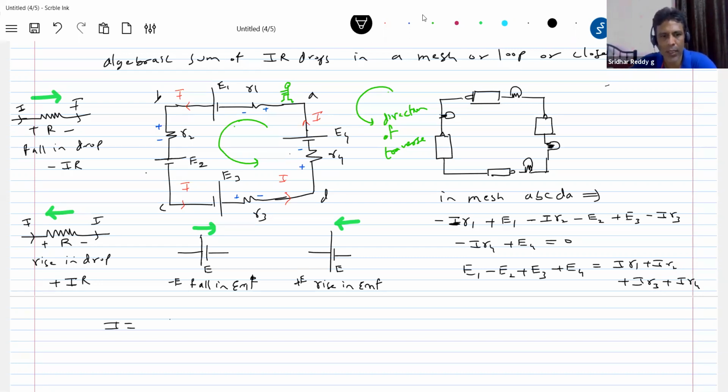The expression for I should be equal to E1 minus E2 plus E3 plus E4 divided by R1 plus R2 plus R3 plus R4. I'll solve, and if I get I negative, change the direction of current. You can change the direction of current. So this is what the KVL says.